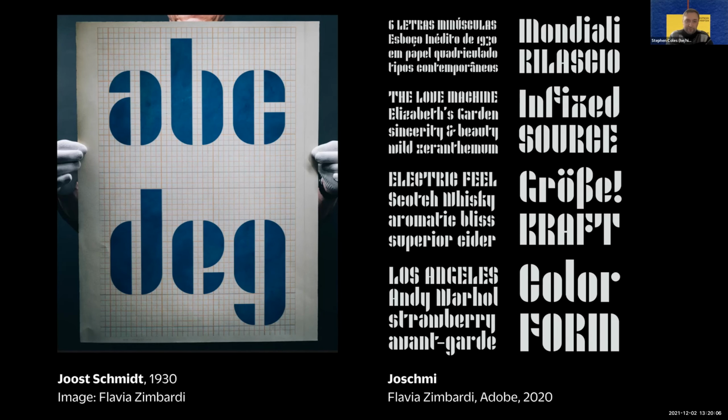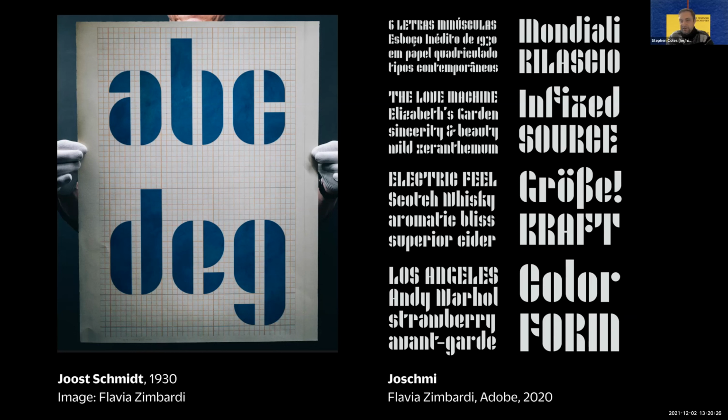And then one of my favorites, and something that we've been using for the Bauhaus show, is Yoshmi, which is kind of a portmanteau of Just Schmidt, by Flavia Zimbardi, the Brazilian designer who is a graduate at Type at Cooper.